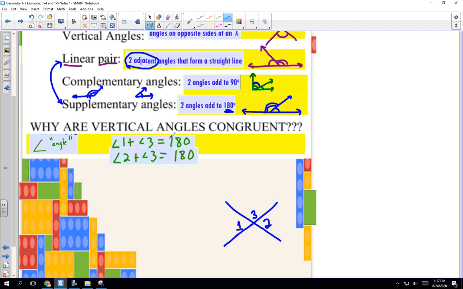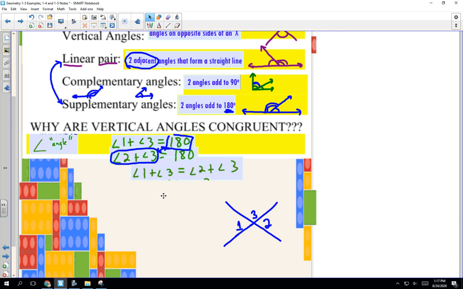Now I'm going to do a little substitution. I'm going to take out this 180 and in its place put angle 2 plus angle 3. I'm substituting one equivalent item for another, because I know angle 2 plus angle 3 is 180, so I can substitute it in right here for this 180. So angle 1 plus angle 3 is equal to angle 2 plus angle 3.